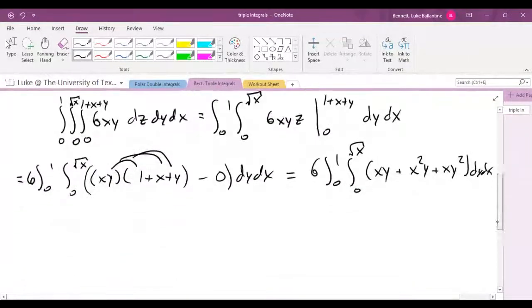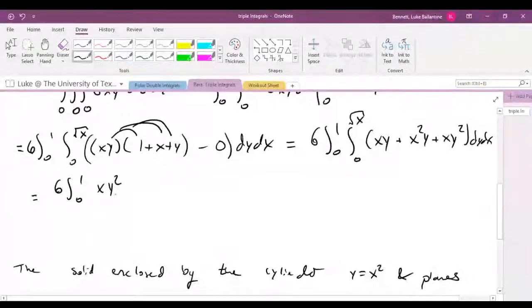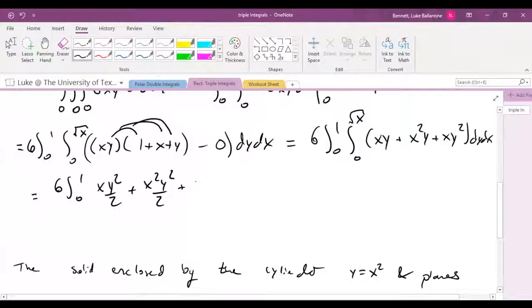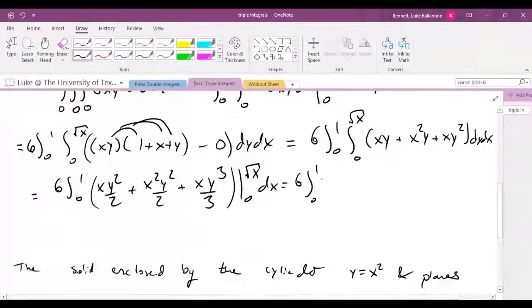So now we must integrate y. If we integrate y, we have 6, the integral from 0 to 1, of xy squared over 2 plus x squared y squared over 2 plus xy cubed over 3, evaluated from 0 to root x, dx. Plugging in the square root of x, squared, that's just x.